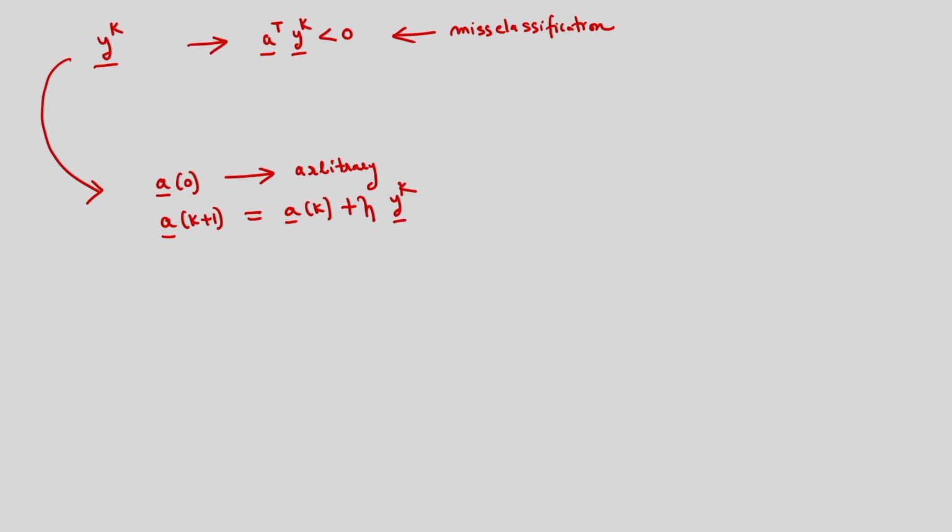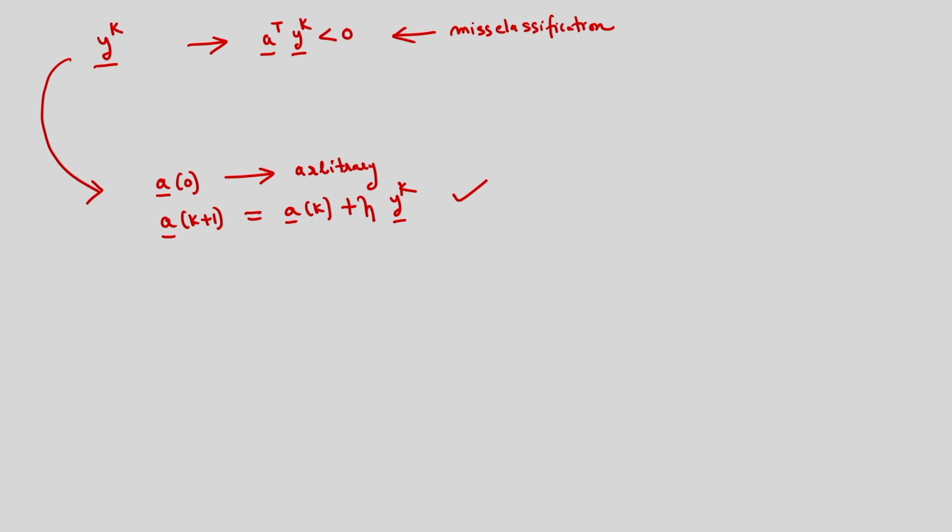We are updating the weight now, because corresponding to the sample yk the condition is not satisfied, so misclassification is taking place. So I have to get the new weight vector. By considering this, I am getting the modified weight vector, and it should classify all the samples correctly.